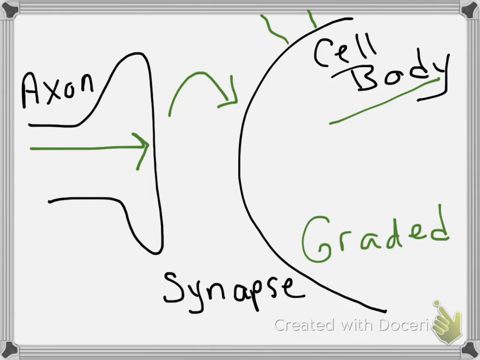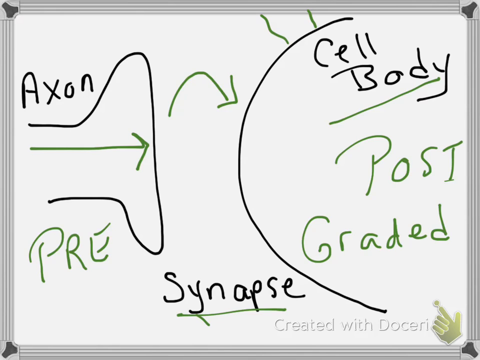So, looking at the orientation of these cells, if this is the synapse, this is the presynaptic cell, and this is the postsynaptic cell. So the graded responses we're talking about in the cell body are postsynaptic potentials, or PSPs.